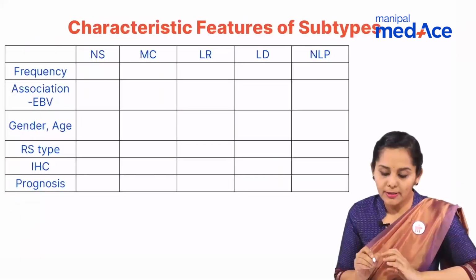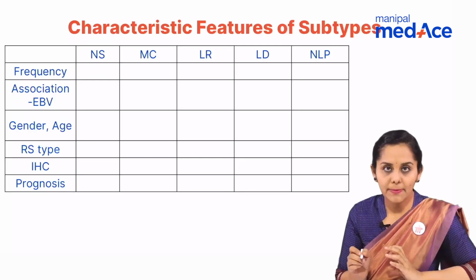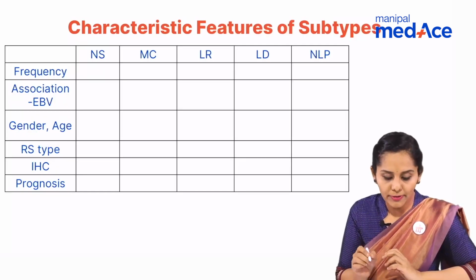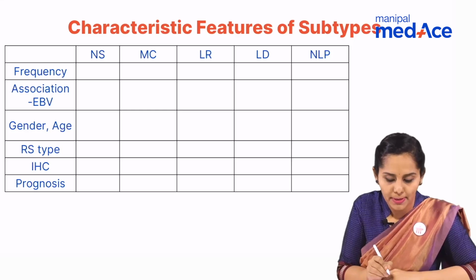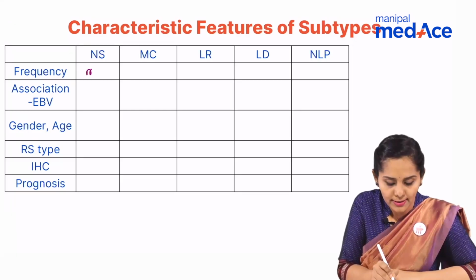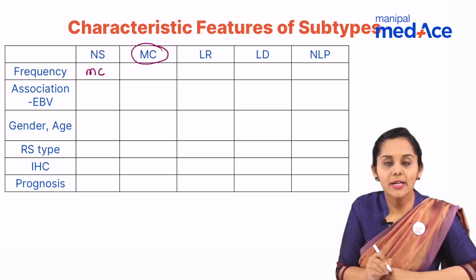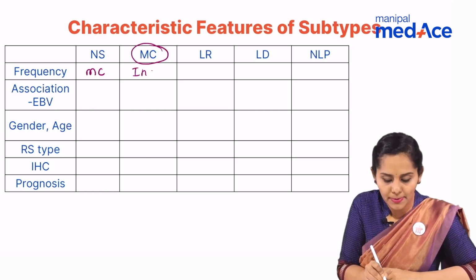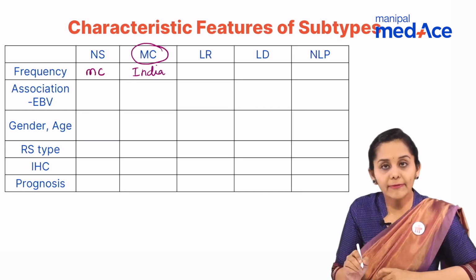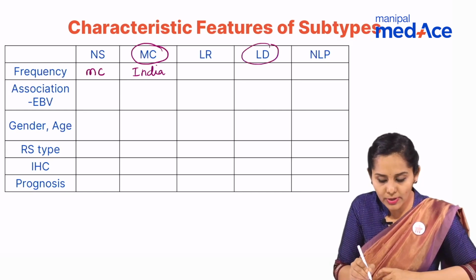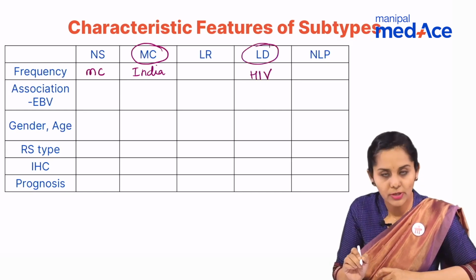Now, important features of different subtypes have been compared. So, the frequency, which is most common, remember that nodular sclerosis is the most common subtype among Hodgkin lymphoma. In India, it is said that probably mixed cellularity is the most common subtype, right. The lymphocyte depleted variant is associated with HIV infection, right.